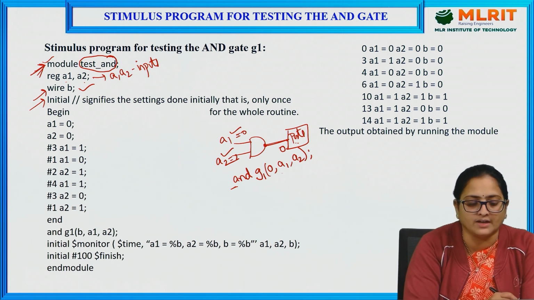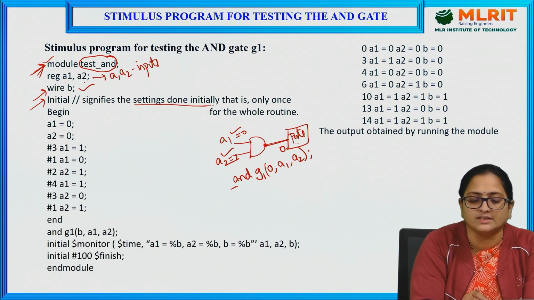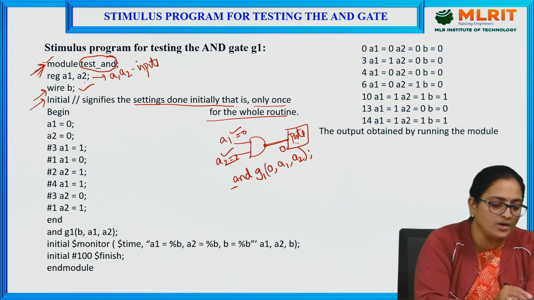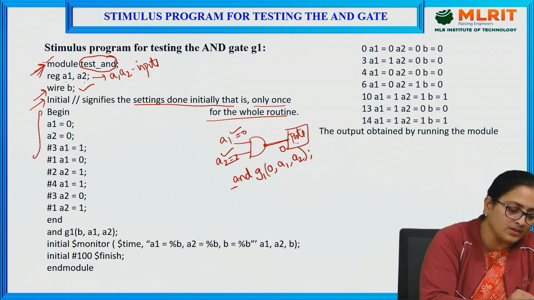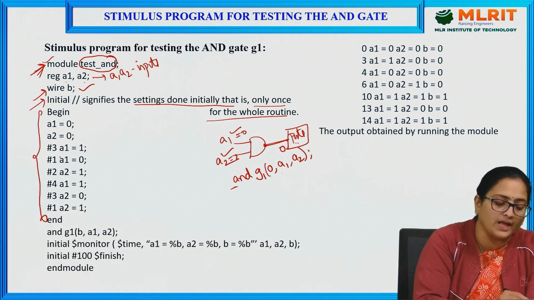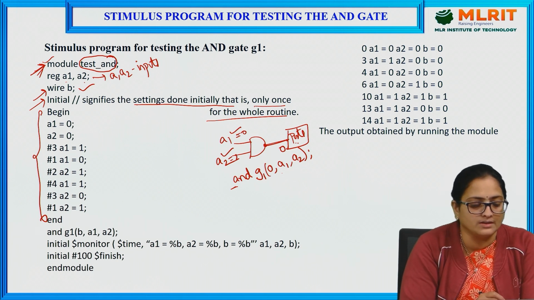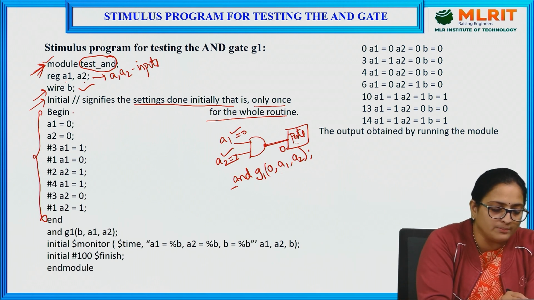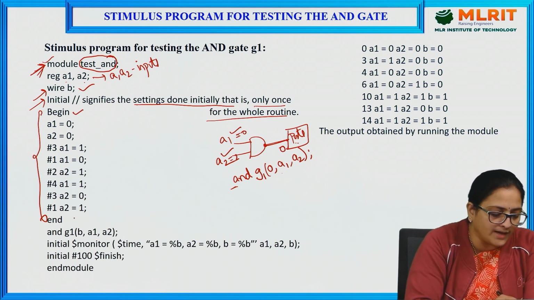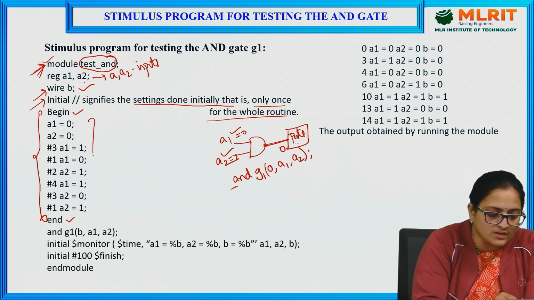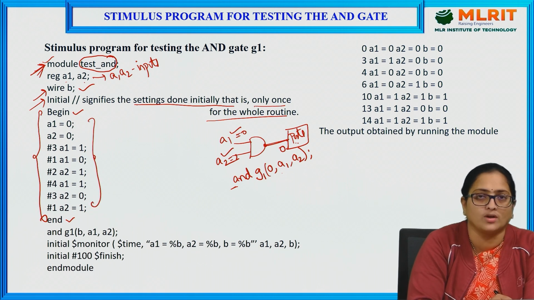It signifies the setting done initially, that is only once for a whole routine. So, from here to here, it executes at a single time. Here the begin statement and end statement are used to execute this particular block.